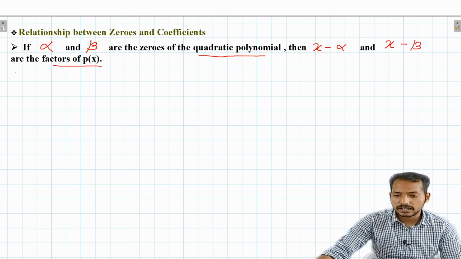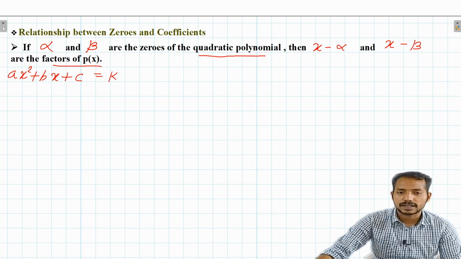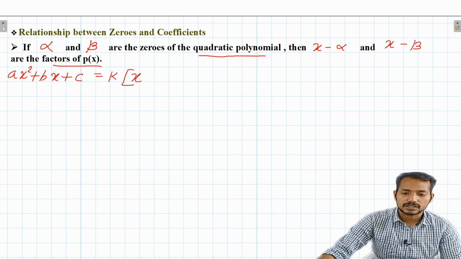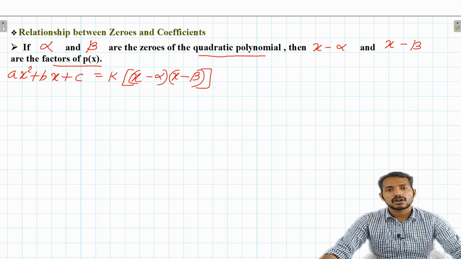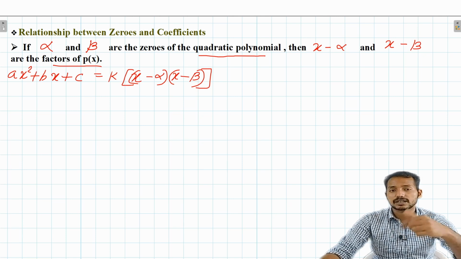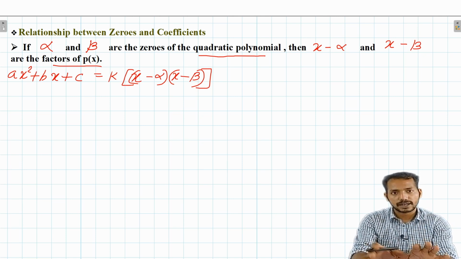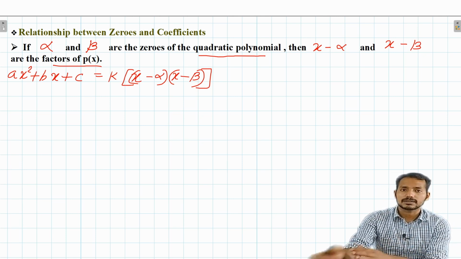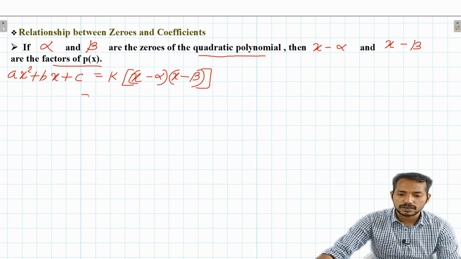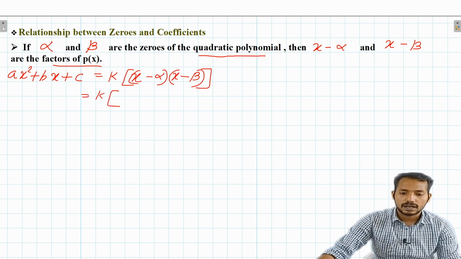So we can generally represent this polynomial ax square plus bx plus c as equal to, let's put a constant k, k into x minus alpha into x minus beta, because this is the factorized form of the quadratic polynomial, the product of factors. Expand this, so we will get k into x into x.